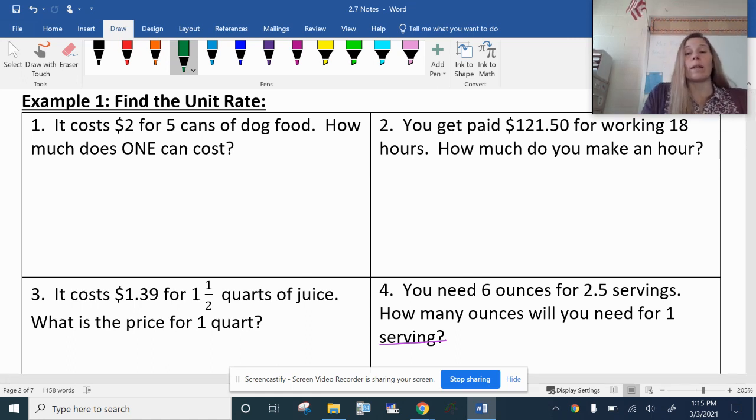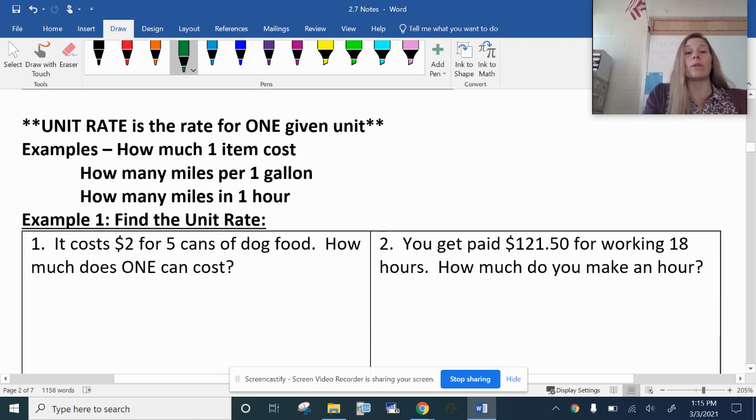So finding the unit rate, the first thing that I think about is a lot of times the word per is used. So for example, if you said how many miles per gallon, or here how many miles in 1 hour. Whatever's coming after that per would indicate that that's what's being divided.